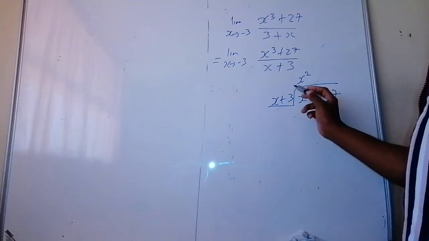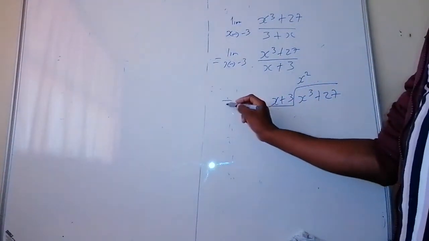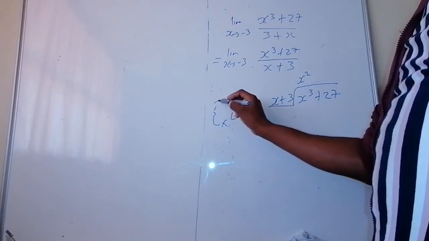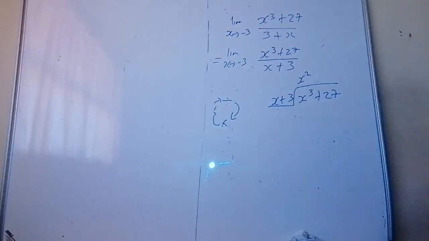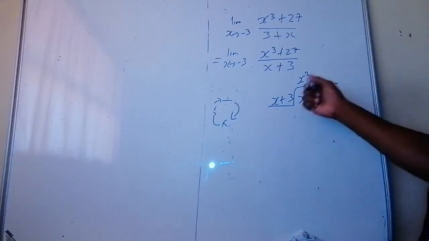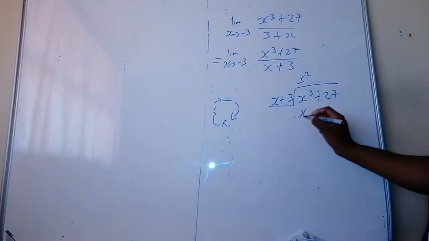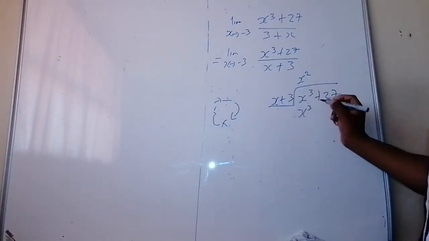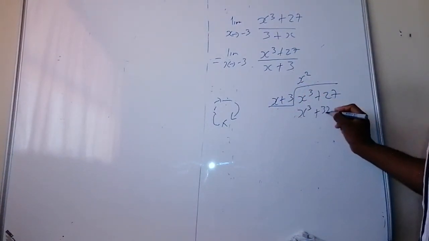We start with division, then multiplication, then subtraction. So x squared times x, that's x cubed. x squared times 3, that's 3x squared.